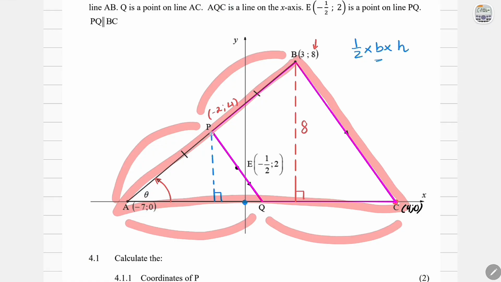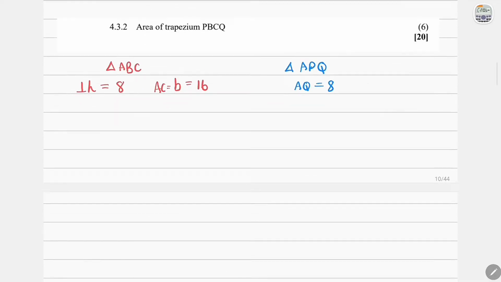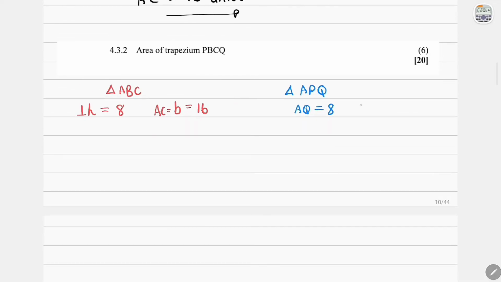So here we're just going to use this. We know that P is (-2, 4). So that just means that the height of this triangle is that y value of P, which is 4, because to get (-2, 4), you went 2 units to the left and 4 units up. So we know it's exactly 4 units. So that is the height of APQ. So the perpendicular height is 4.